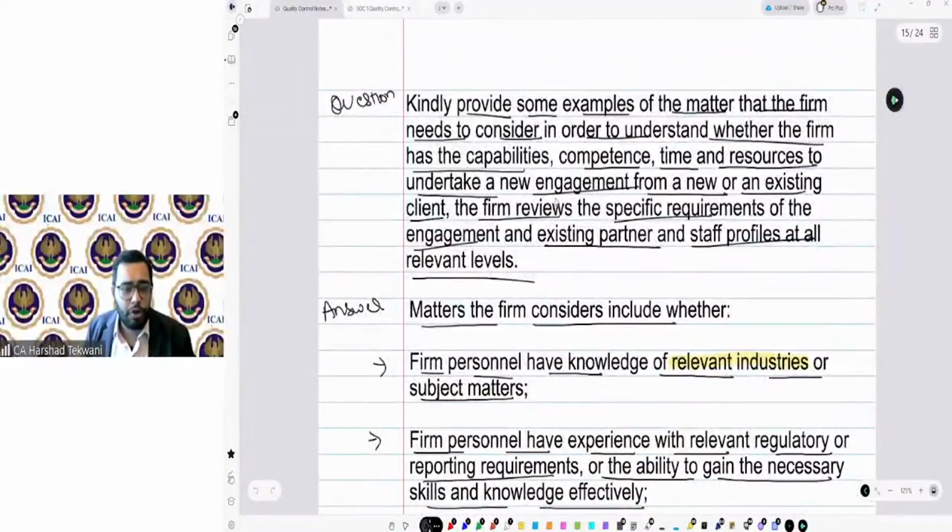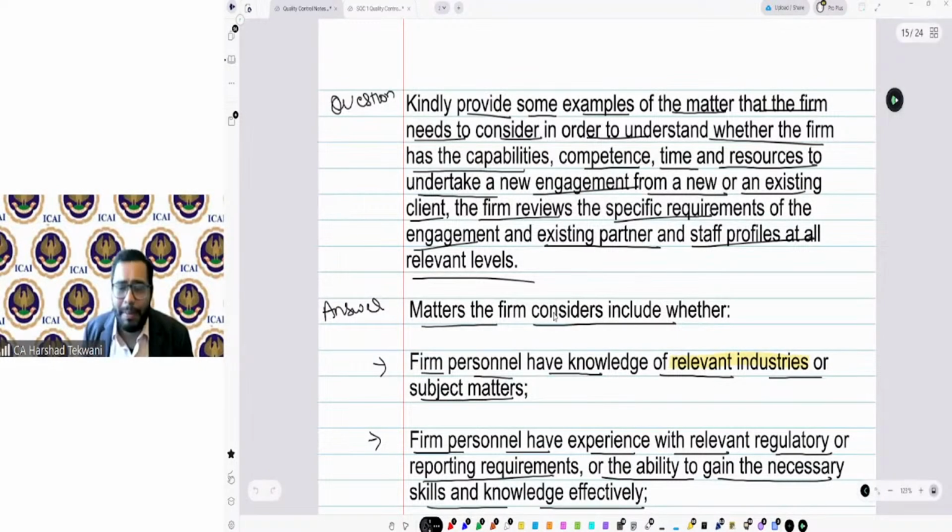We saw the question of what matters are required to be considered in order to understand whether we have the capability, competency, and resources. On similar lines, what matters are required to be considered by the engagement partner when evaluating the competency and capability of the whole team?